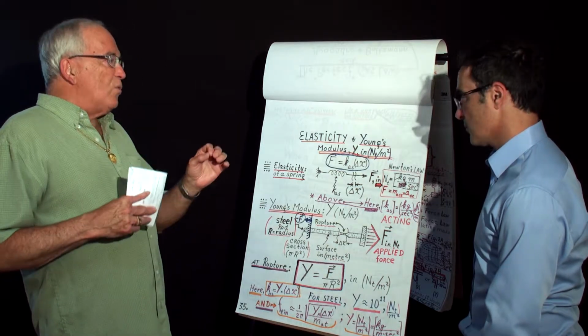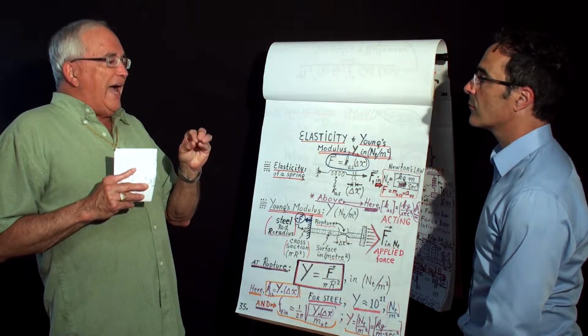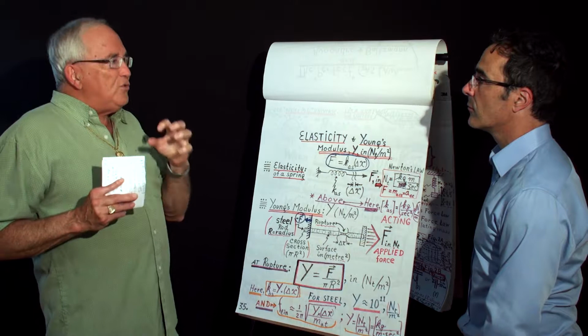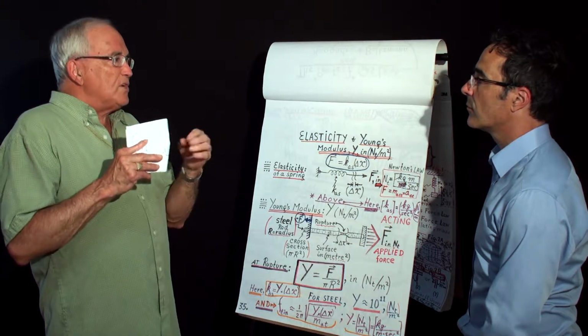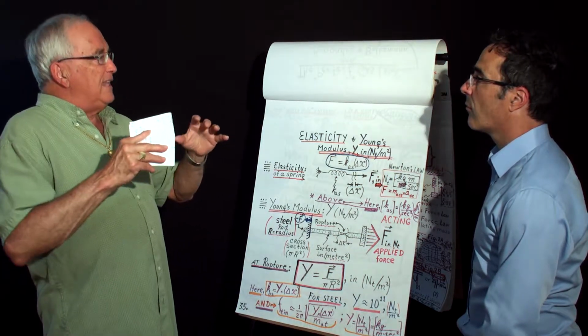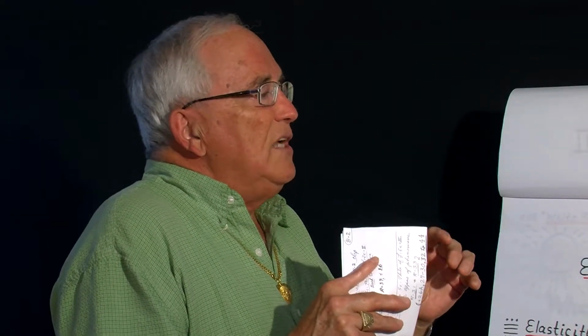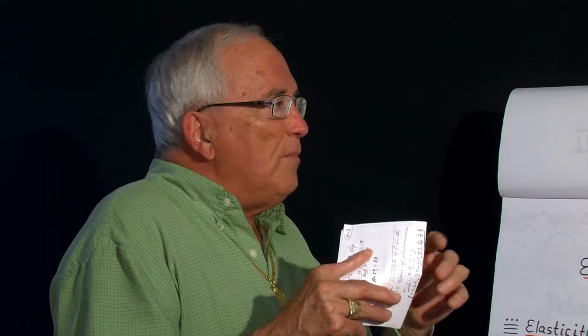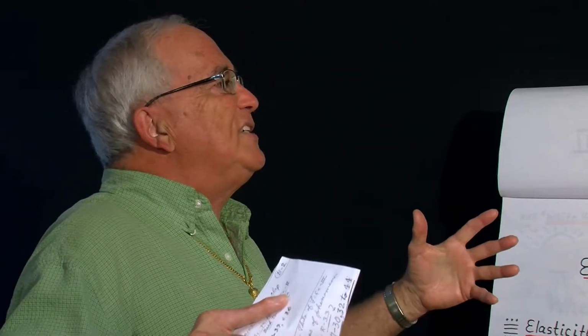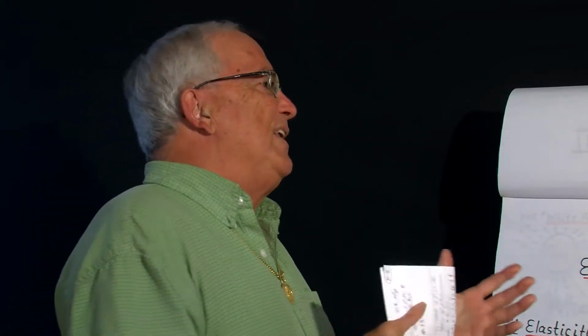So when the atoms in the metal vibrate too much, if you increase the temperature, it dilates. And if you increase the temperature too much, atoms are vibrating so much that they break away. That's when a solid becomes a liquid. And for a liquid to become a gas in the air, it takes a lot of energy.